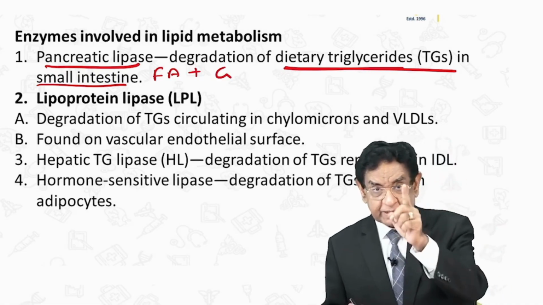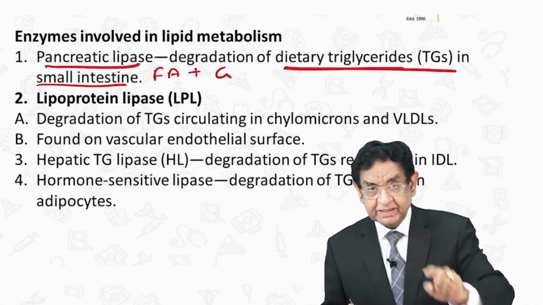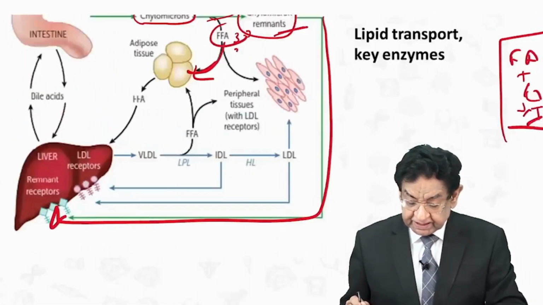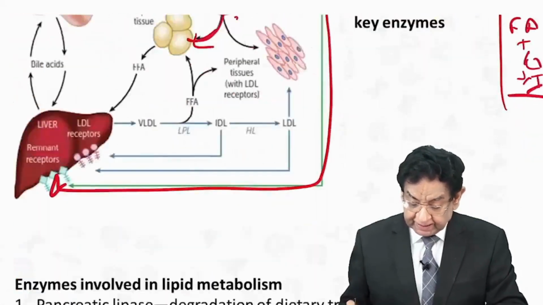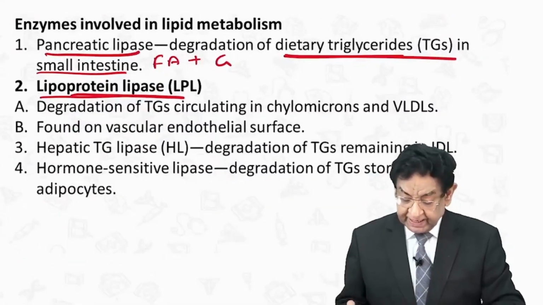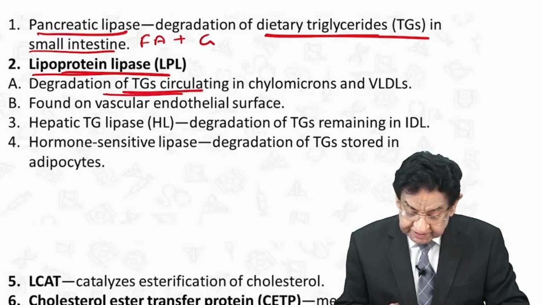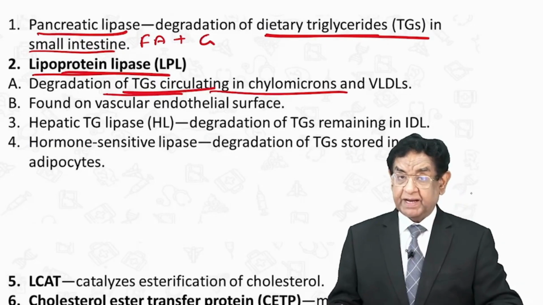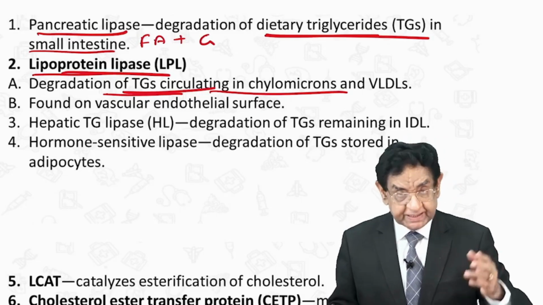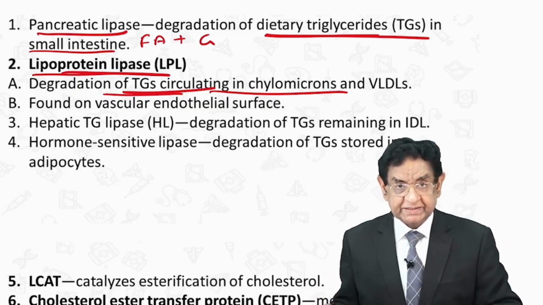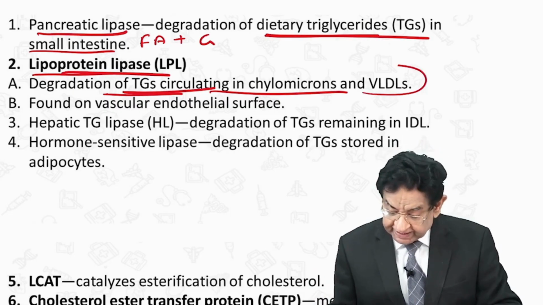In the chylomicron, triglyceride is there, which comes into the circulation. So lipoprotein lipase, you remember just now, breaks down triglyceride in circulating chylomicron, which I just mentioned to you. But very soon I'll be talking to you that triglyceride is there in VLDL also.